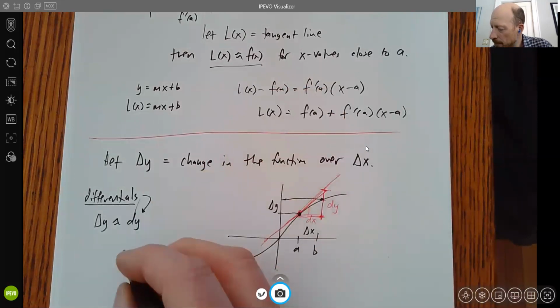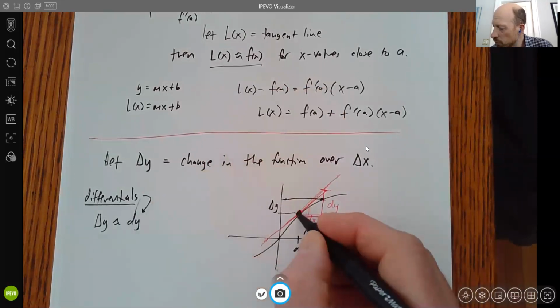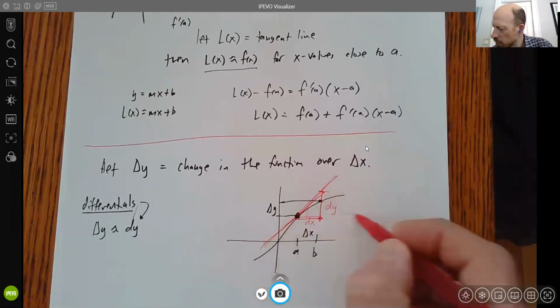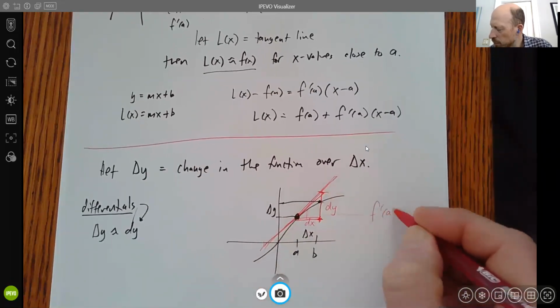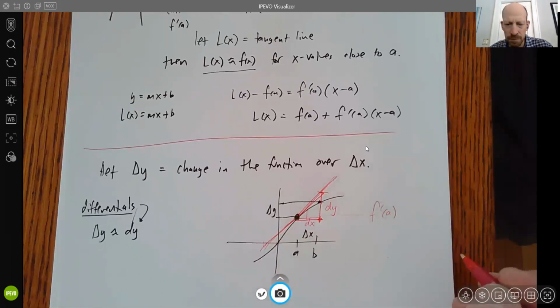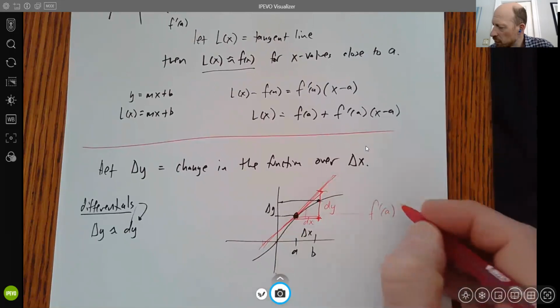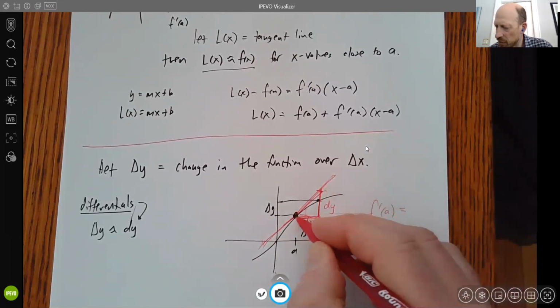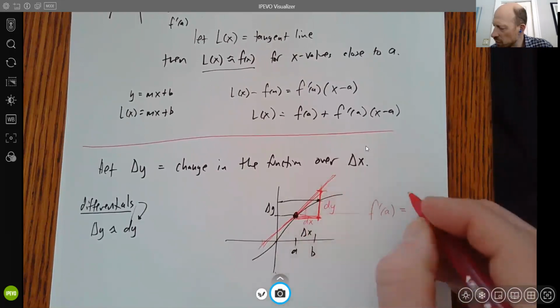with this differential. The slope of this tangent line is going to be f prime of a. Right? That's the slope of a tangent line to the function. And the slope of that tangent line is going to be equal to dy over dx. I mean, that's the definition of the slope of the line.